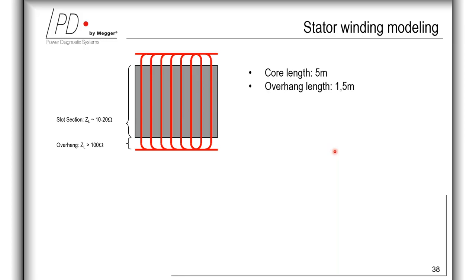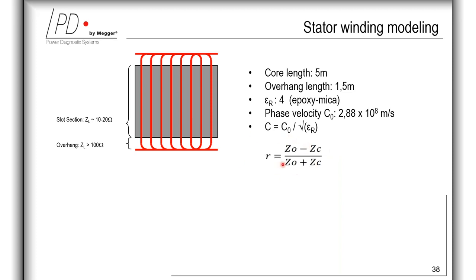The reflection factor that we mentioned is calculated based on the impedances in accordance with the given formula. For typical winding designs, the reflection factor is 80% and can also be more.